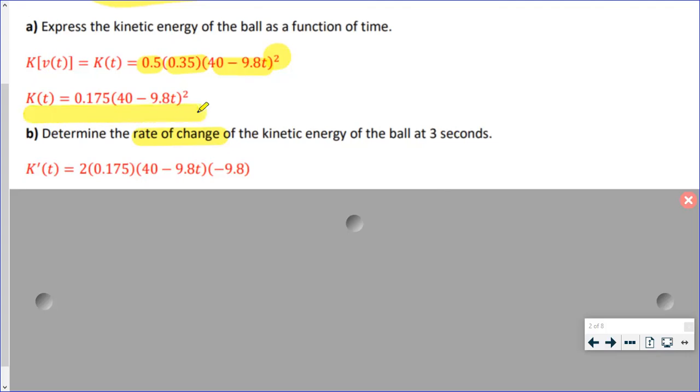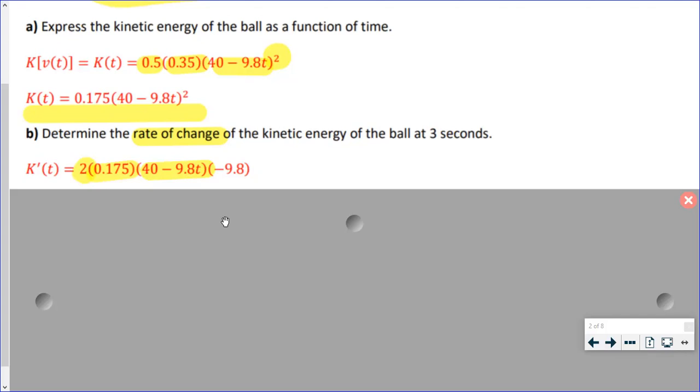So what's happening is I'm bringing down the 2, multiplying that by 0.175 times (40 minus 9.8t) to the power of 2. When I subtract 1 from the exponent, I get (40 minus 9.8t) to the power of 1. Now, if you leave it like that, you are not completing your derivative, because you have to remember to take the derivative of the inside.